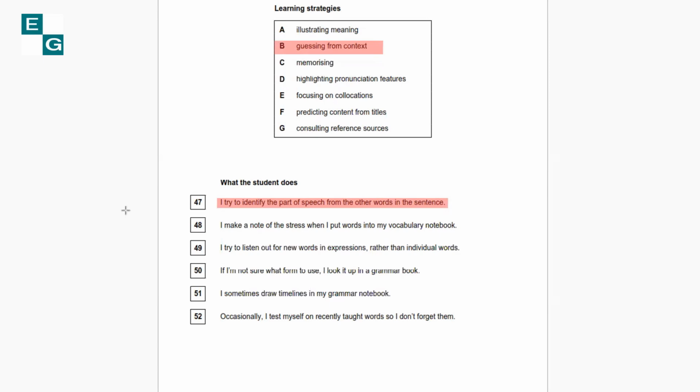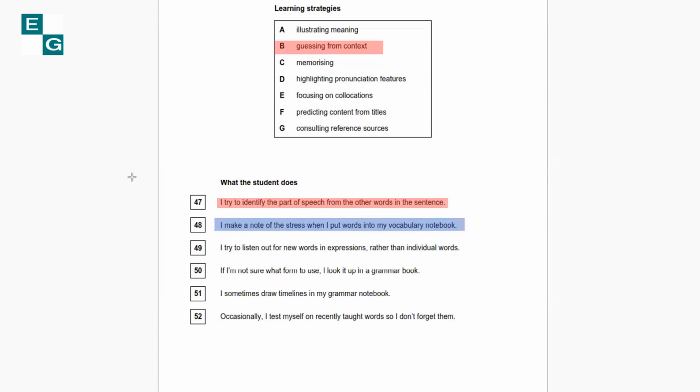Then for number 48, it says what the student says. I make a note of the stress when I put words into my vocabulary notebook.